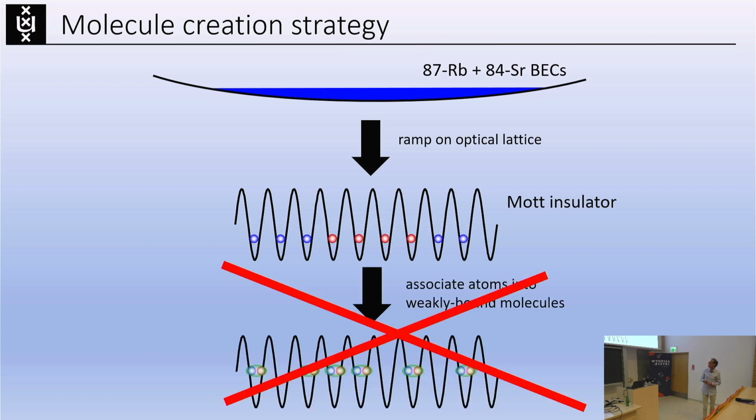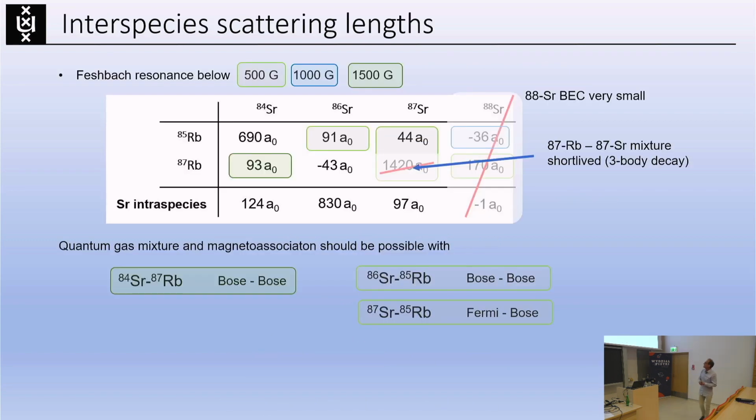However, we found out that it's really not trivial at all to create this initial state, and very easily you get phase separation between rubidium and strontium, and this approach is really hard. So back to the drawing board.